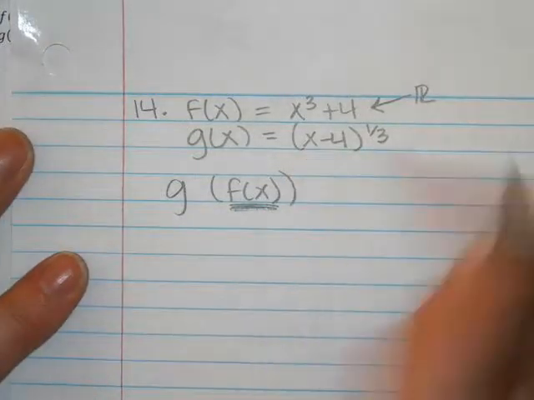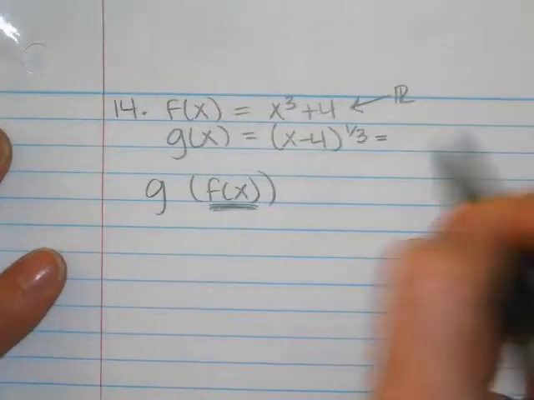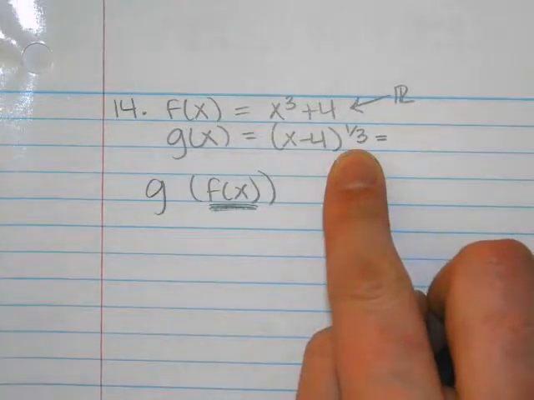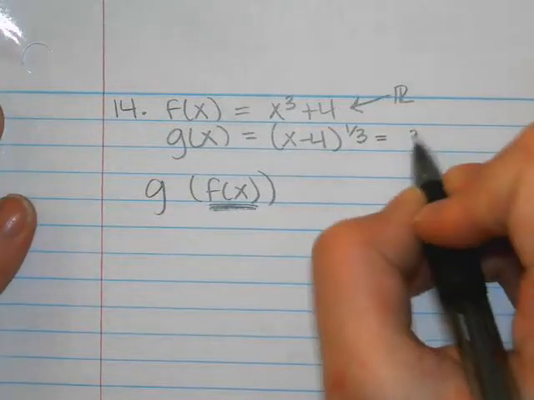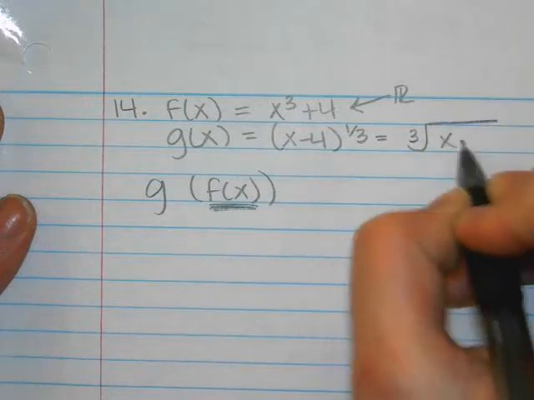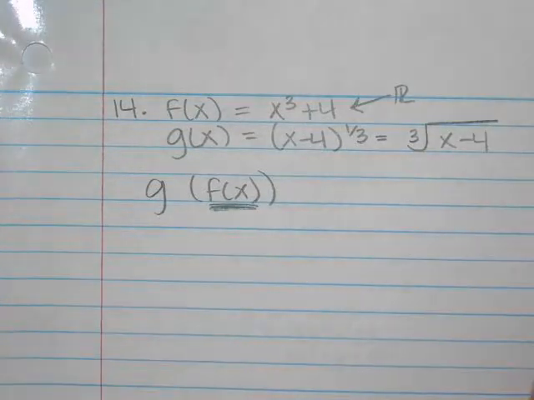Just for future reference, to help you for tonight, what does an exponent of 1/3 mean? A cube root, yeah. So this is actually the cube root of x minus 4. Sometimes it helps to write it that way instead. Maybe a little bit easier for your brain to think about.